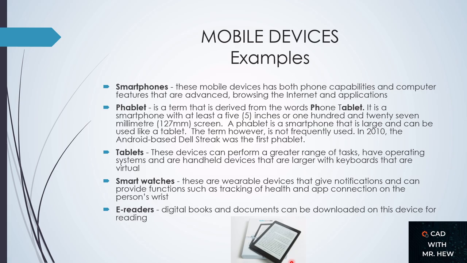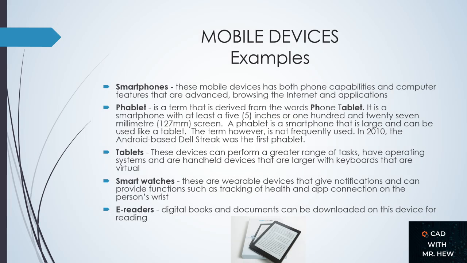A phablet is a term that is derived from the words phone and tablet. It is a smartphone with at least a 5 inch or 127 millimeter screen. A phablet is a smartphone that is large and can be used like a tablet. The term, however, is not frequently used. In 2010, the Android based Dell Streak was the first phablet.